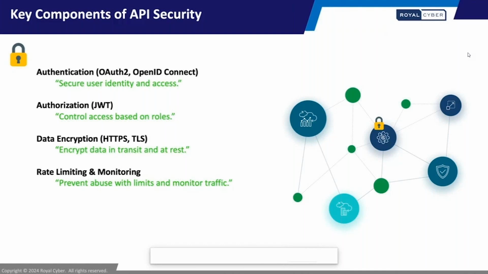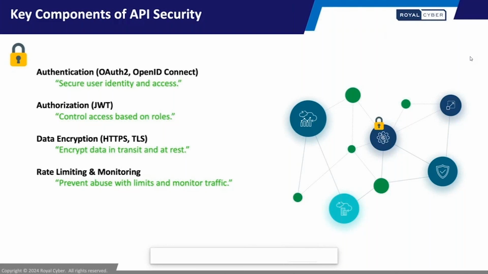And then we have data encryption, which is basically secured through the HTTPS mechanism, TLS or mutual TLS. So API communication needs to be protected both while the data is being transmitted and when it is being stored. Both mechanisms, HTTPS, TLS and mutual TLS protocols, ensure that sensitive data remains encrypted and secure at all times.